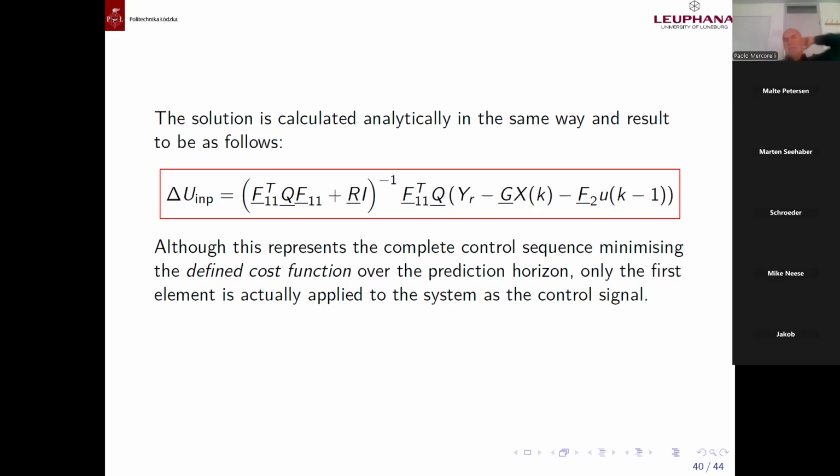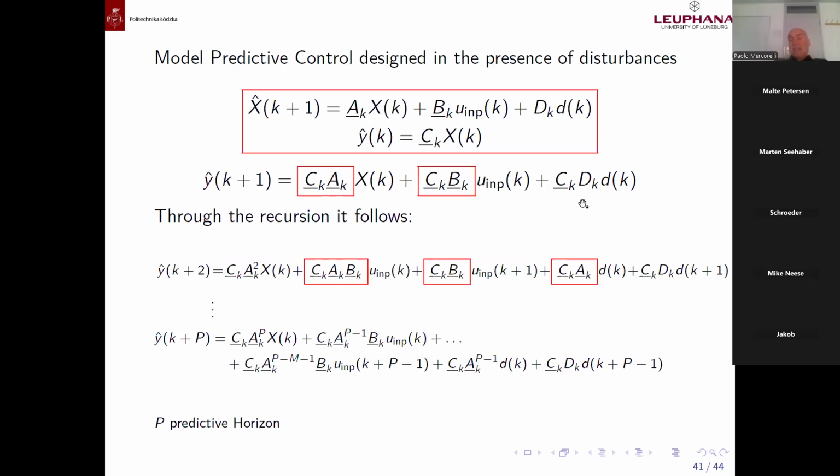As I told you, I don't have the demonstration; it could be that it exists. Intuitively, we can understand that calculating a delta between the earlier element and the actual one is a little bit finer than calculating the input directly. The solution is structurally the same. I will add this element here.